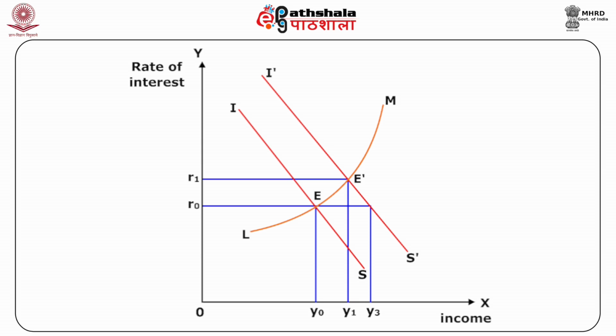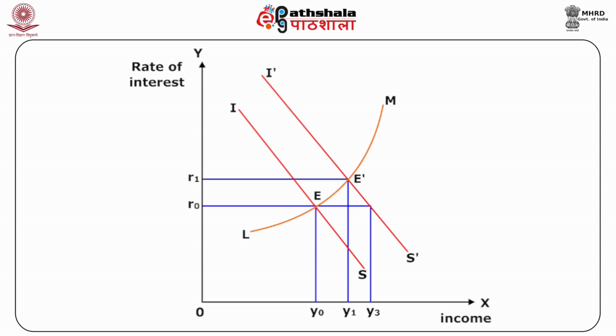If the rate of interest goes up, it is likely that in the next round the price level would also go up. So, between the two policies, monetary policy and fiscal policy, we can clearly say that monetary policy is both more effective and it is also cheaper as a policy.